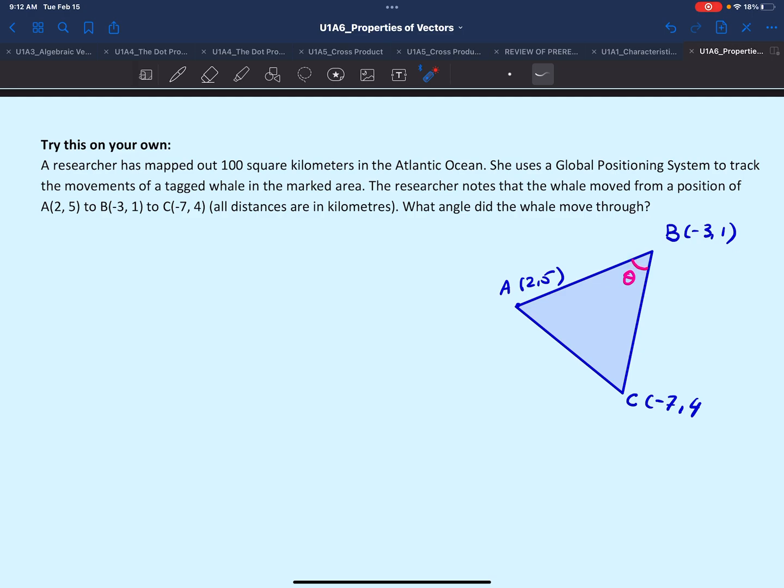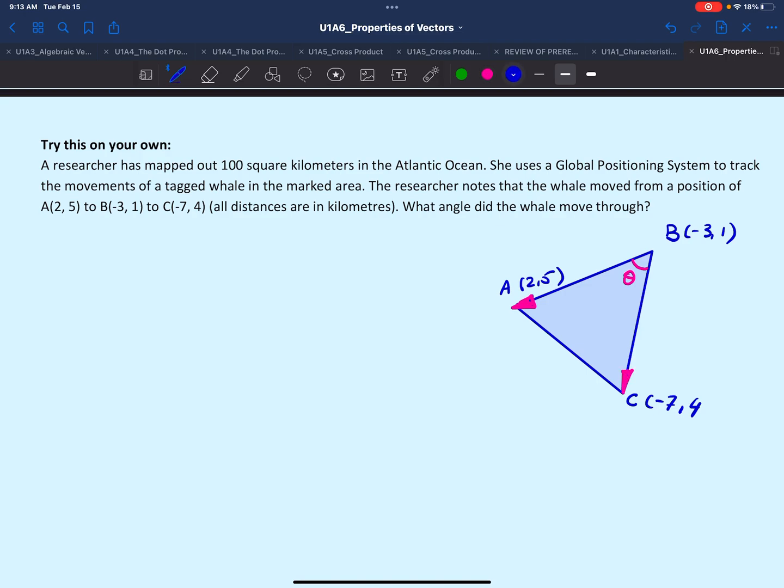You know that you can use either the dot or cross product. The dot product would be a more convenient way of finding angle theta because it's easier and shorter in calculations. And the dot product will be used this way. Since theta is the angle made between two vectors placed tail to tail, we are going to look at vectors BA and BC.